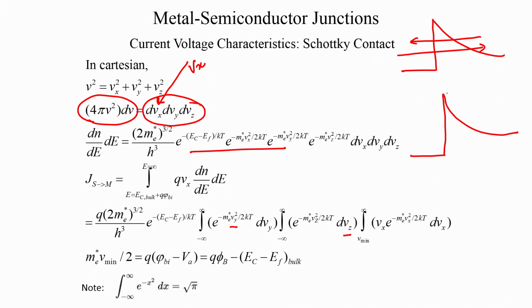Let us say I have a carrier sitting here at the conduction band edge. Let us take another example of a carrier sitting here, and let us take a carrier sitting here. So, we have these 3 carriers, which we will call electron A, electron B and electron C. Now, the velocity of the carrier here, A, is 0. So, that is not going to contribute to any thermionic current.